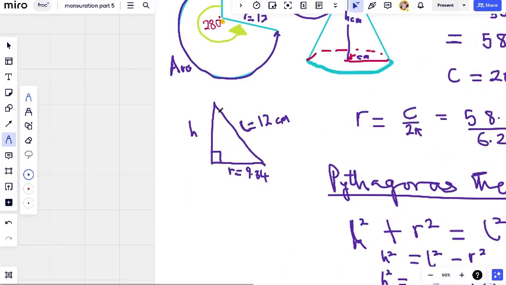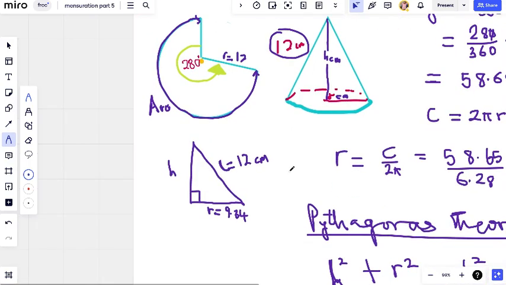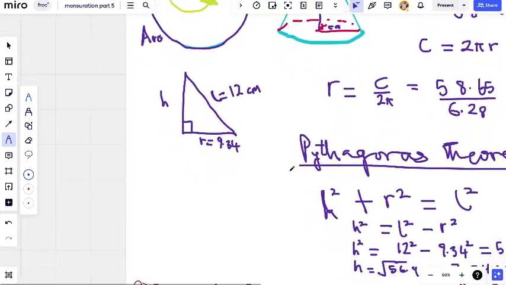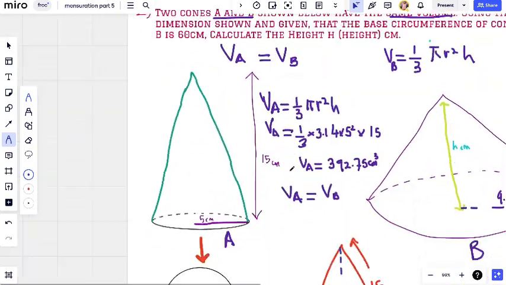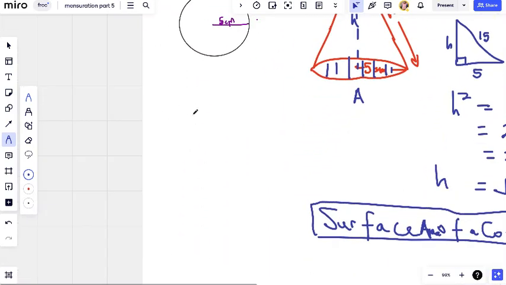Let's go back to that question. This one. The sector is kind of different, but the triangle is the same. Because we don't have enough space to redraw, what if we have a cone like this?